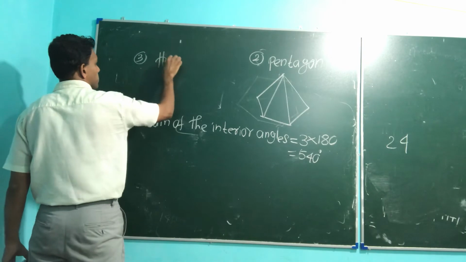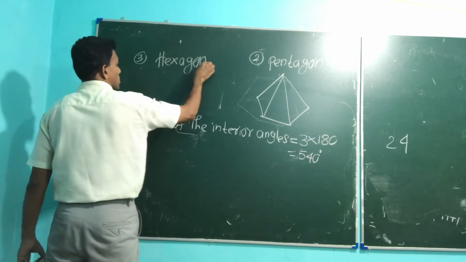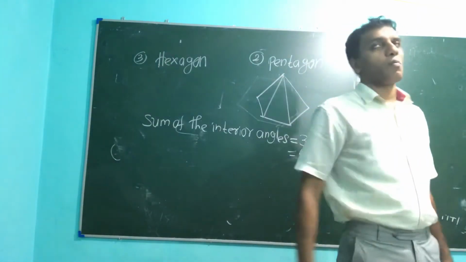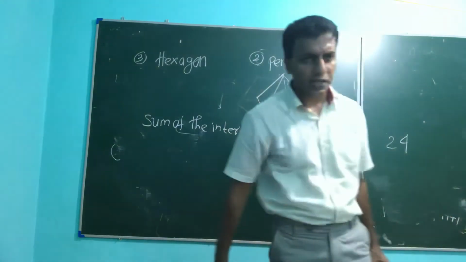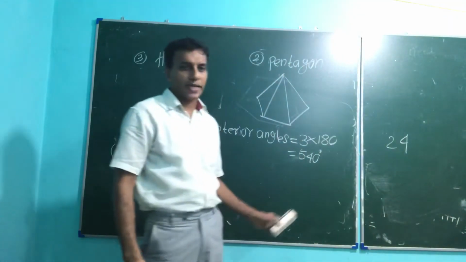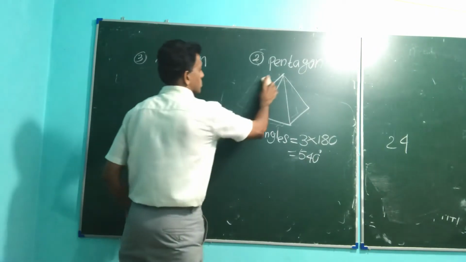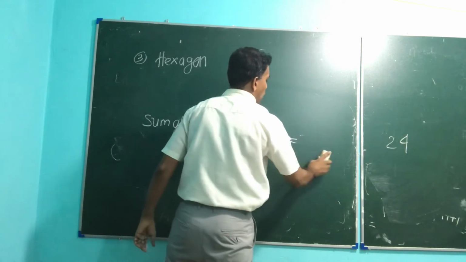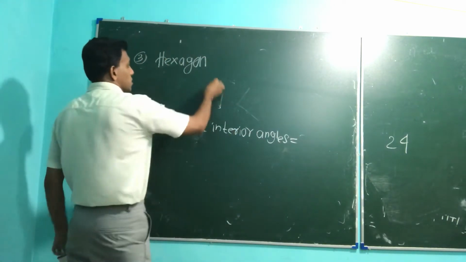Hexagon. You know the answer already, 720 something. We'll see this method, hexagon. The addition of all the 6 angles, right?